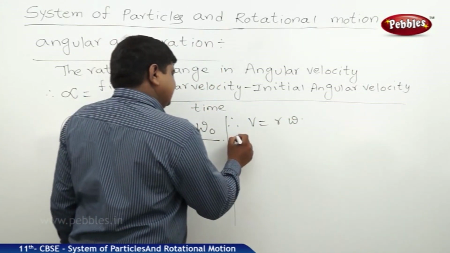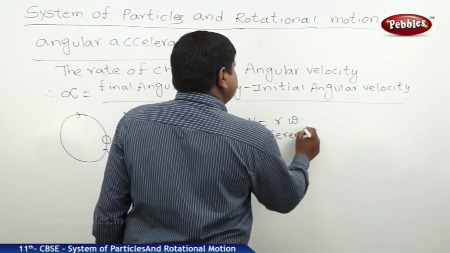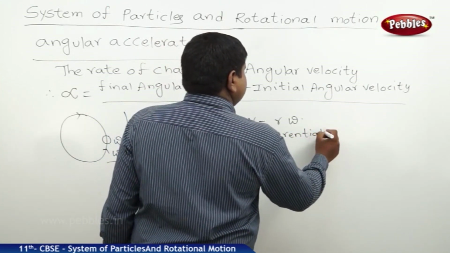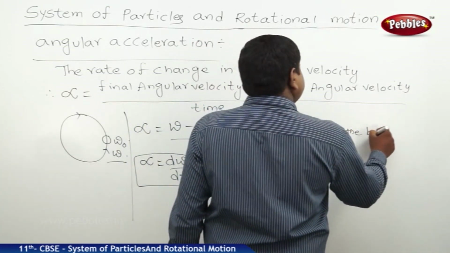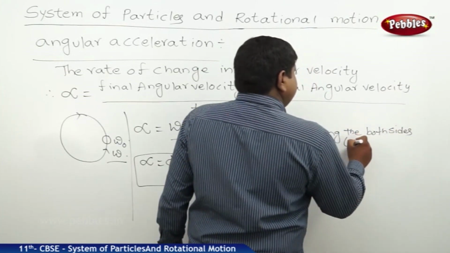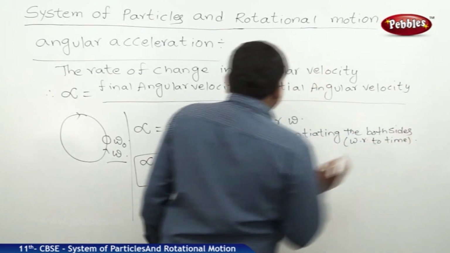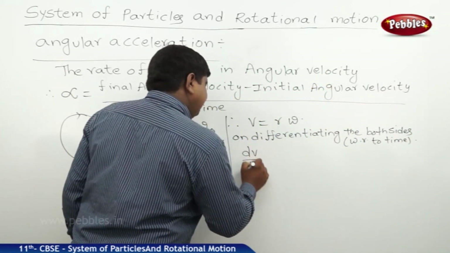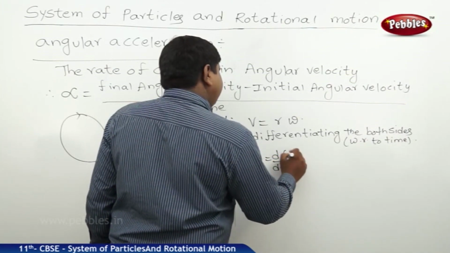Differentiating both sides with respect to time, dv by dt is equal to d by dt of r omega.